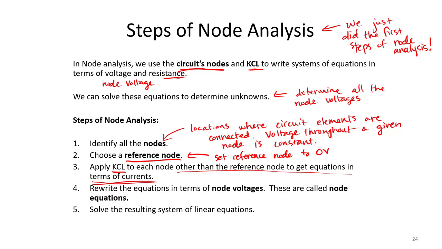In step 4, we rewrite the equations in terms of node voltages. We actually just did these 2 steps. So once we have an equation in terms of current, we can use things like Ohm's law to get an equation in terms of voltage. Equations in terms of node voltages are called node equations.